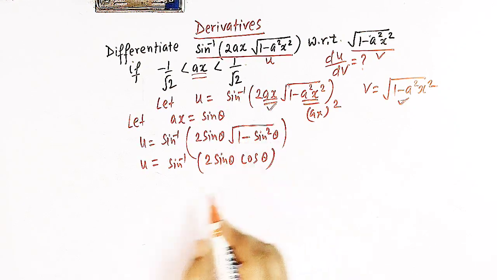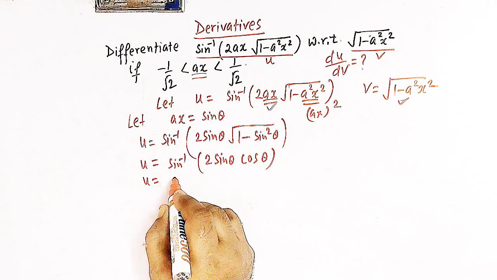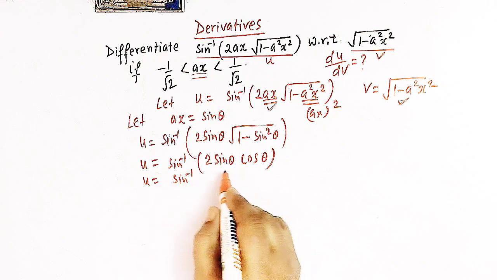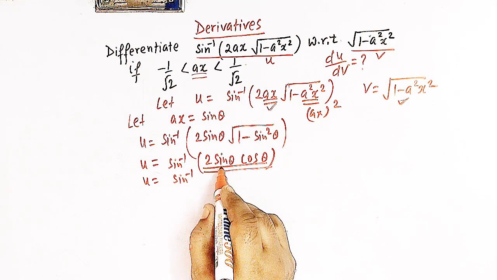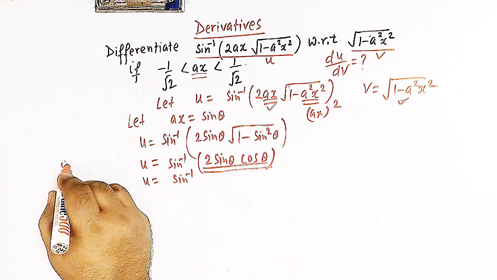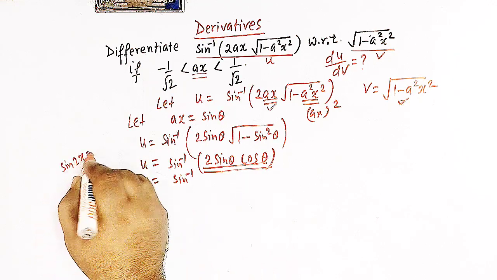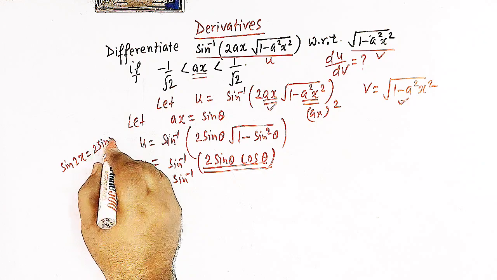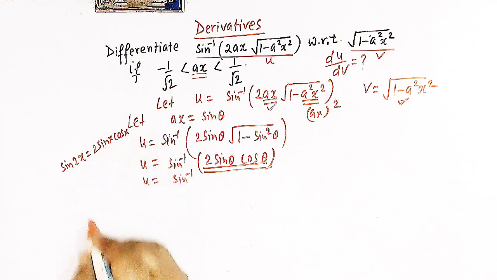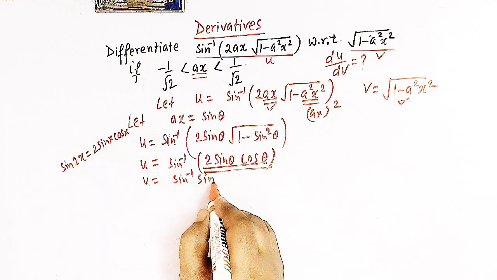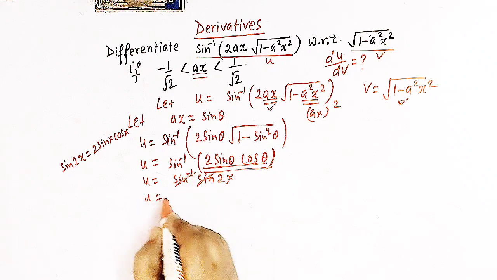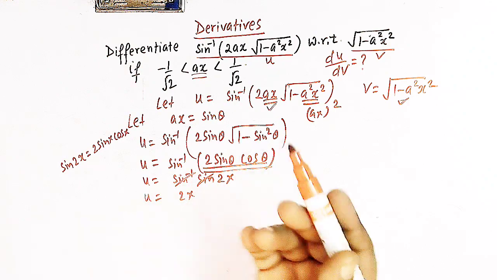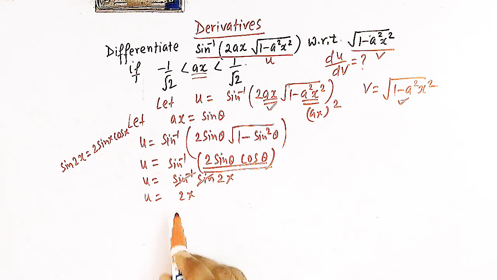This is from trigonometry. So u is equal to sine inverse of 2 sine theta cos theta, and this is the double angle formula for sine 2 theta, because sine 2x is equal to 2 sine x cos x. So we have sine inverse of sine 2 theta, and the sine inverse and sine get cancelled using the principal value branch of the sine inverse function.